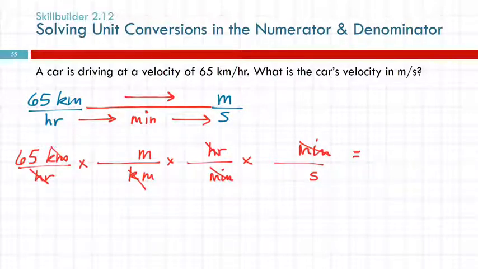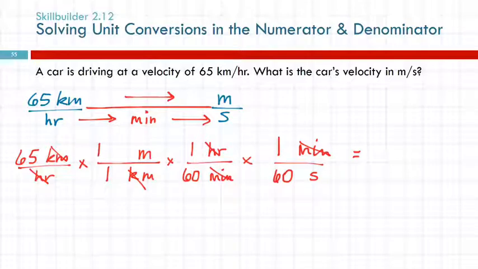How many seconds in a minute? 60. Is that exact? Yeah, because it's defined that way. How many minutes in an hour? 60. Okay. What does kilo mean? 1,000. 10 to the 3. So what I've got here is I have 1 kilometer. Kilo stands for 10 to the 3.